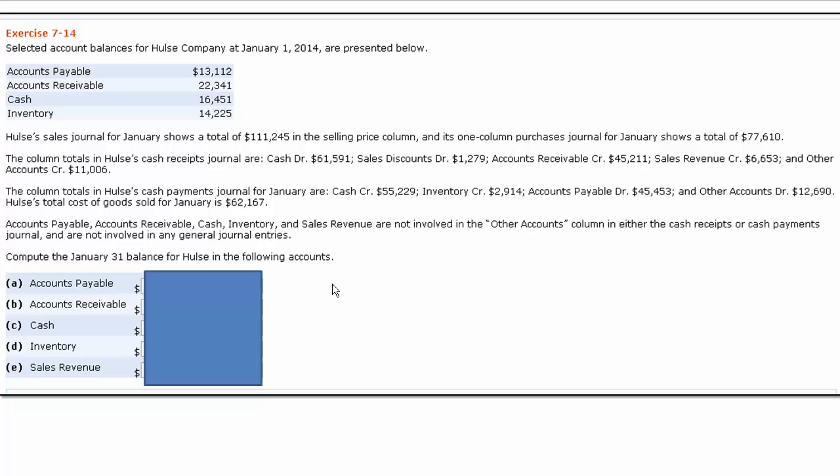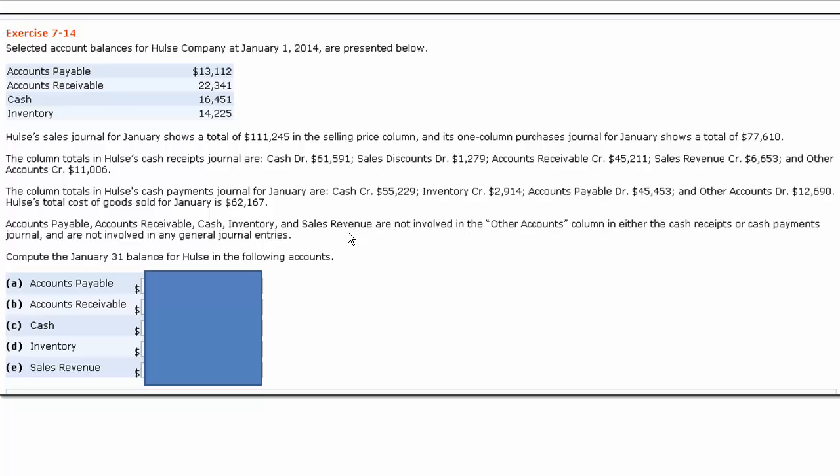So based on this information, what we do know is we started with $13,112, and then we have to look at this information and figure out what increased accounts payable and what subtracted from it. Okay? So accounts payable represents what is owed to others, and we would want to look and see where it was increased and where it was decreased.